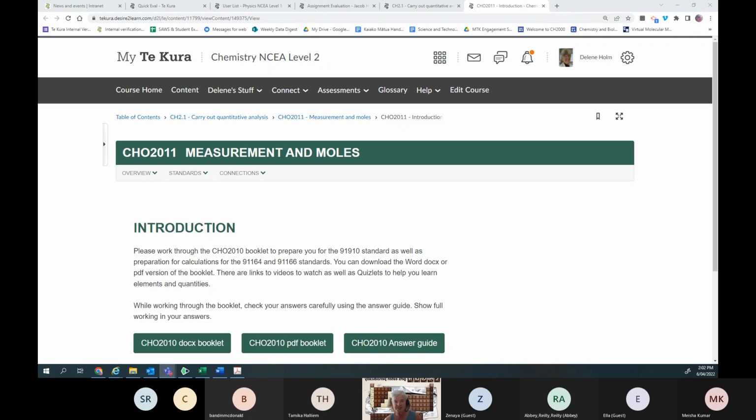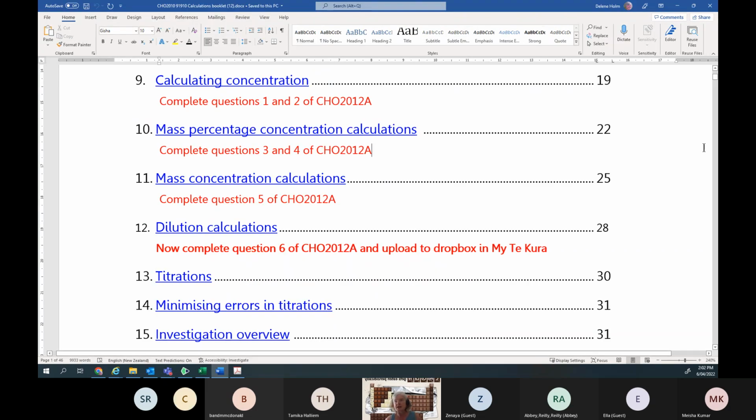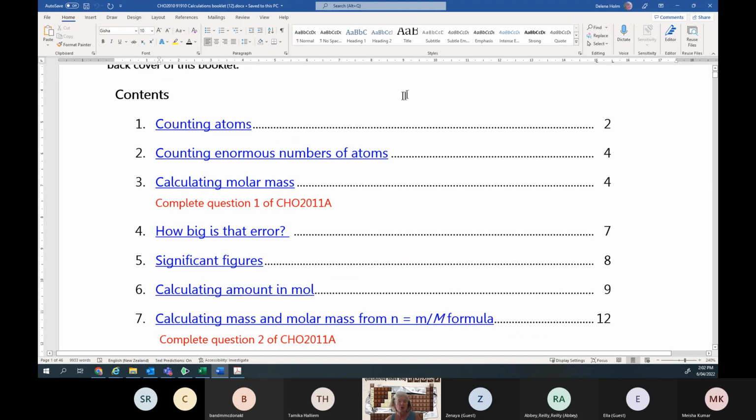Okay, let's get started. In previous lessons, we looked at how we count atoms because they are just so tiny. So we had to first work out, do we know the elements, and can we work out the number of atoms or ions of that element in a particular substance?